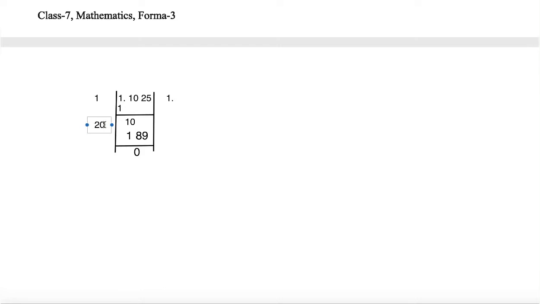See, this is going a bit more than what is required. 25 also has to come down. For that you need to put a 0 here also and here also.